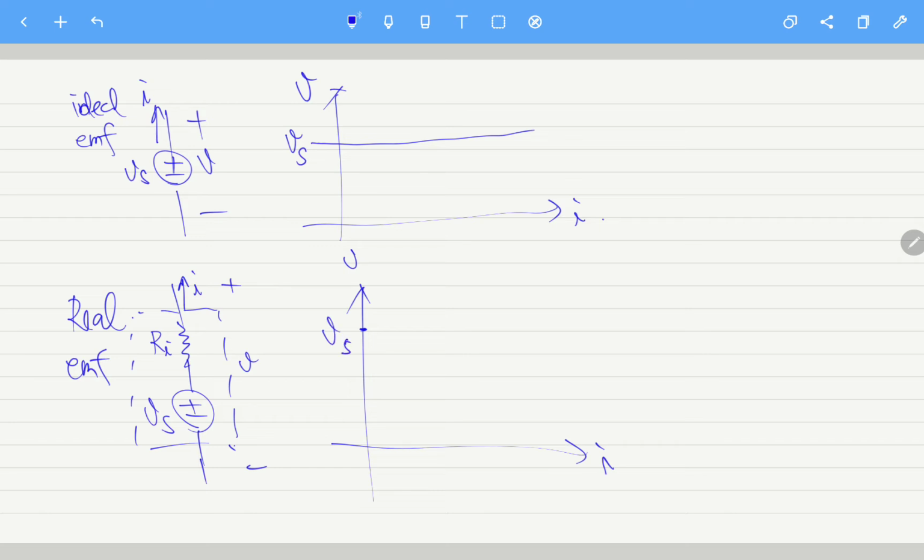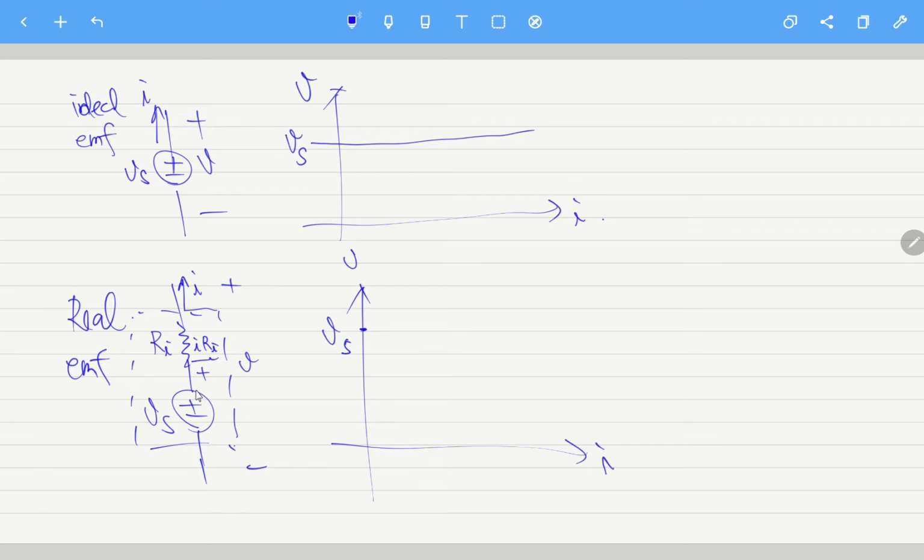But if I is positive, there will be a voltage drop across this Ri. The voltage drop across Ri will be nothing but I times Ri, according to Ohm's law.